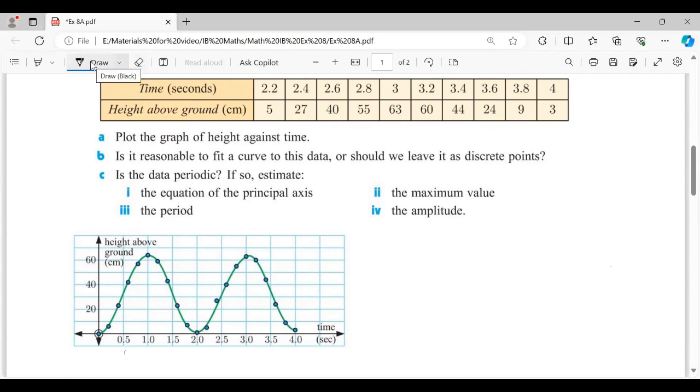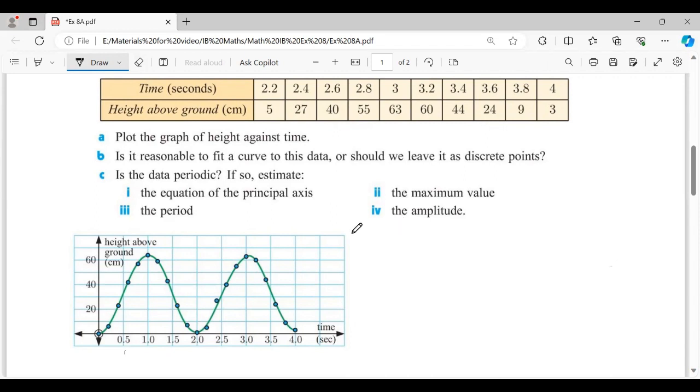I'm going to continue to number B. So answer number 2B. Is it reasonable to fit a curve to this data? Of course. This data fits.